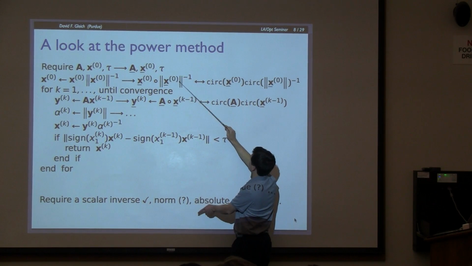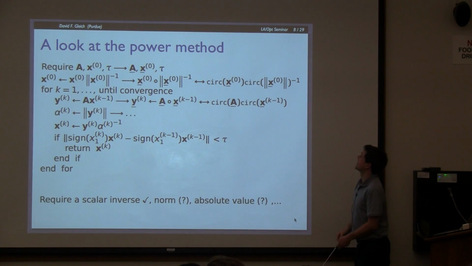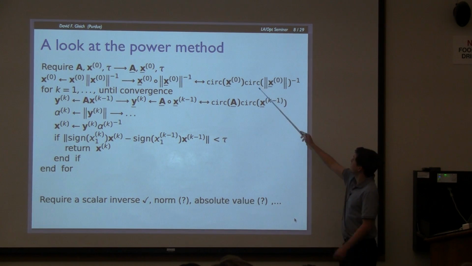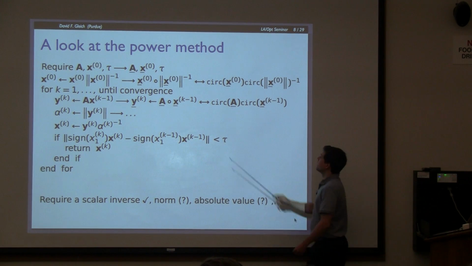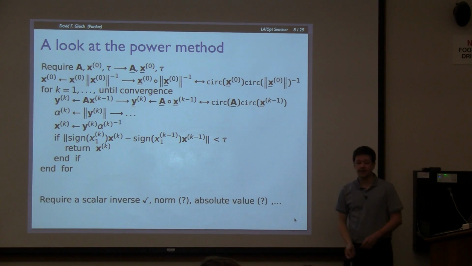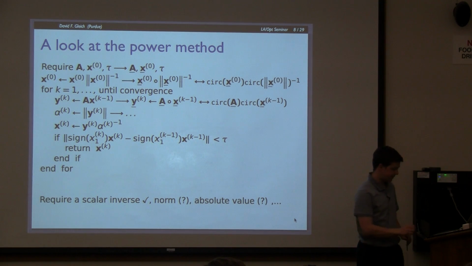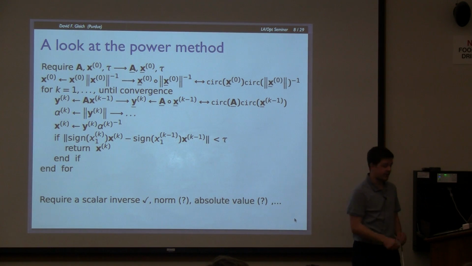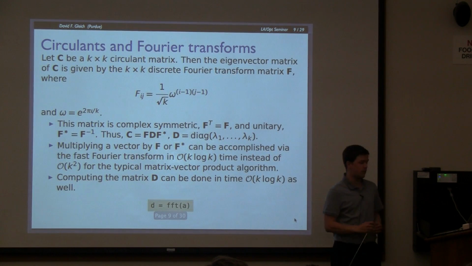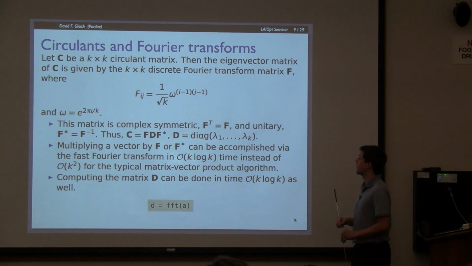We don't know how to do the norm yet, but if we did, then we just take that and invert that circulant. So you just do a circulant inverse here. Same thing here. You just write these things out as big matrices. So now let's see how we get norms and absolute values. So these are things that no one had proposed before we had come along and thought about them.